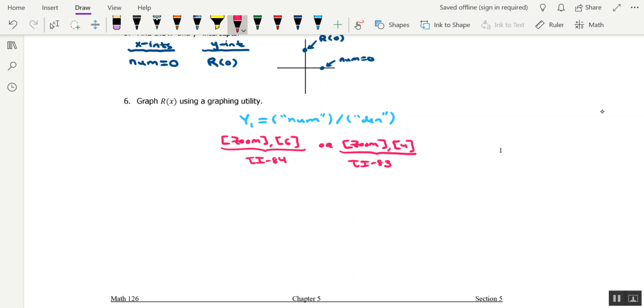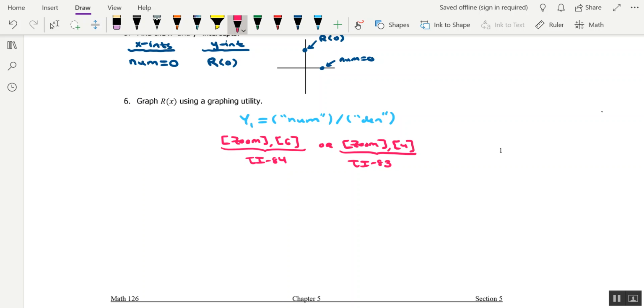The TI-84 resolves that issue, but with a TI-83, if you want to see a better separation between all the different pieces that you could potentially have, then I recommend pressing zoom option 4, and that'll help you identify the different pieces as well as get a better idea of what the vertical asymptotes are and where they're at.